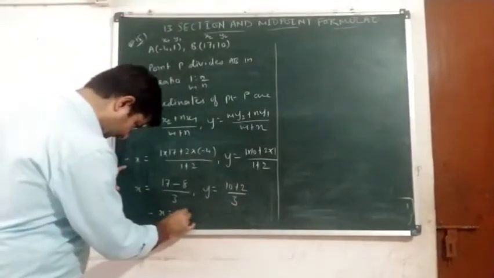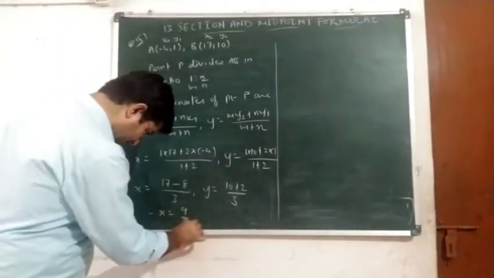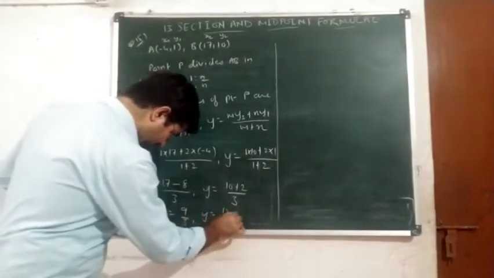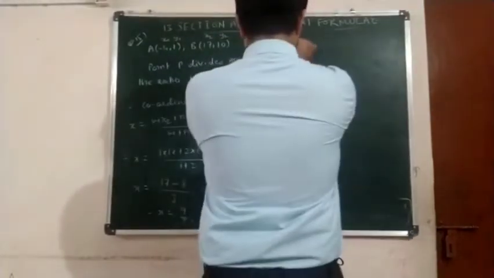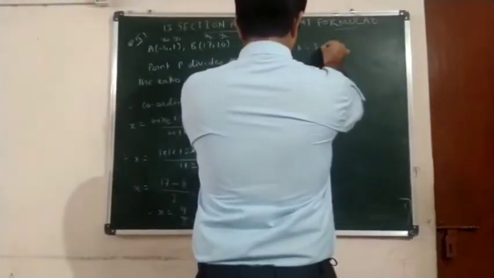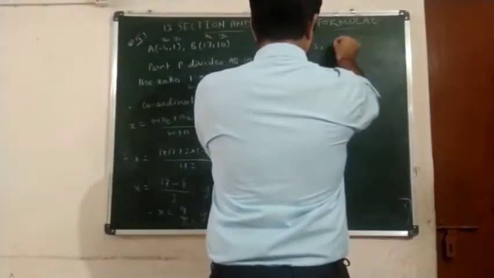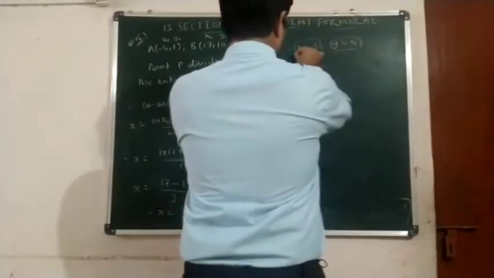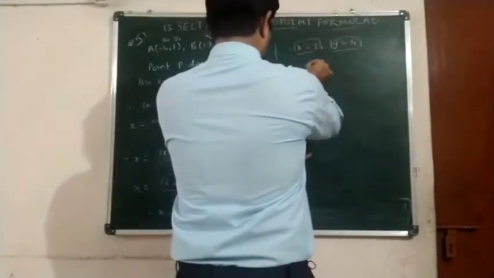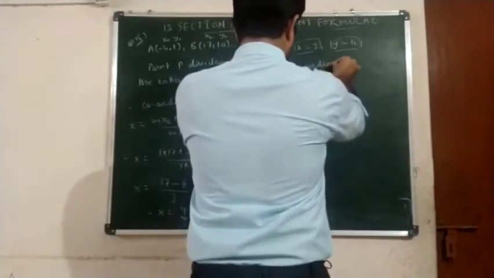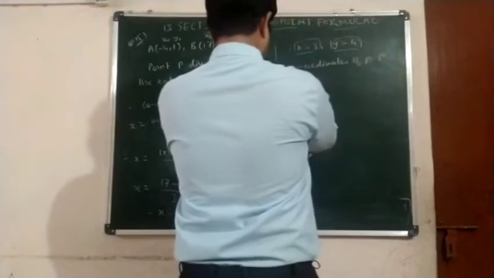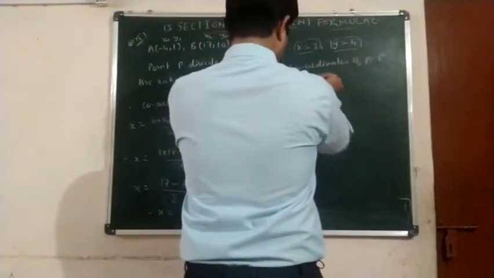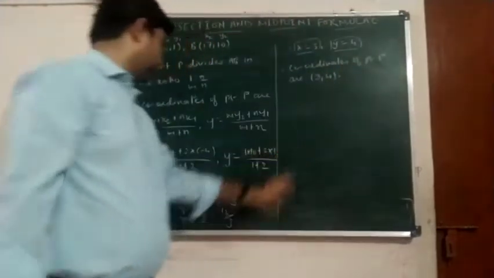Therefore, x is equal to 9 upon 3 and y is equal to 12 upon 3, and therefore finally we will get x is equal to 3 and y is equal to 4, and therefore the coordinates of point P are (3, 4).